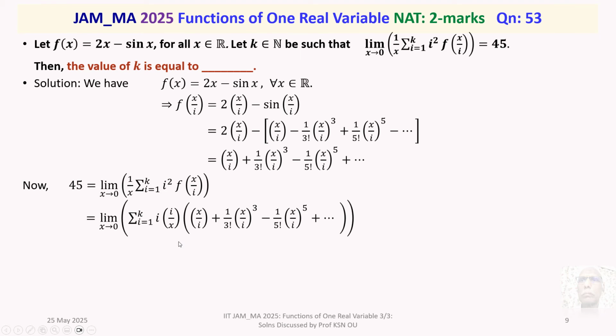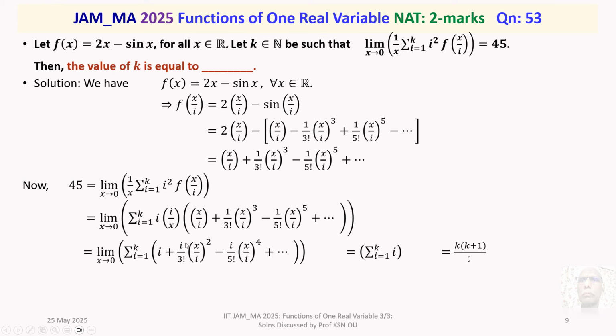So you will get the limit extends to 0 of sigma i equals 1 to k of i plus i by root 3 into x by i whole square minus 1 by root 5, 1 by factorial 5 into x by i whole to the power of 4.